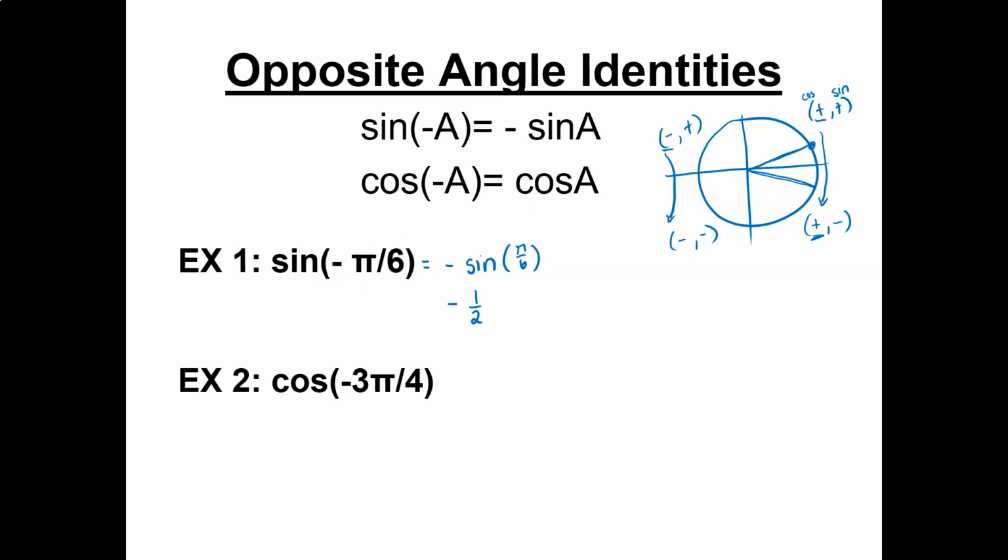You also can just think about going backwards on the unit circle. You don't necessarily have to use this trick. Cosine of negative 3 pi over 4 is going to be cosine of 3 pi over 4. And cosine of 3 pi over 4 would be right over here, and that's going to be negative square root of 2 over 2 for that.